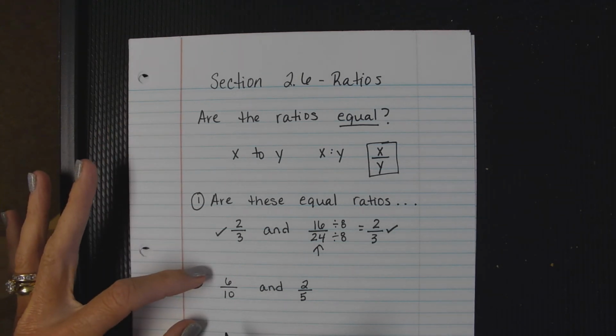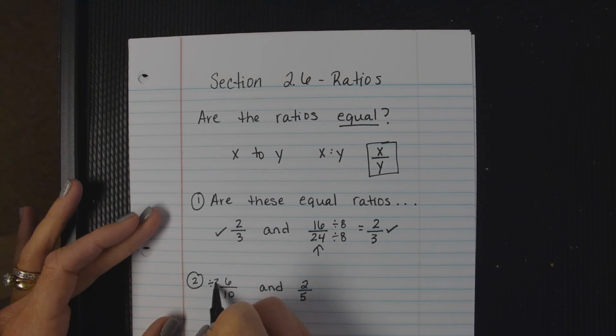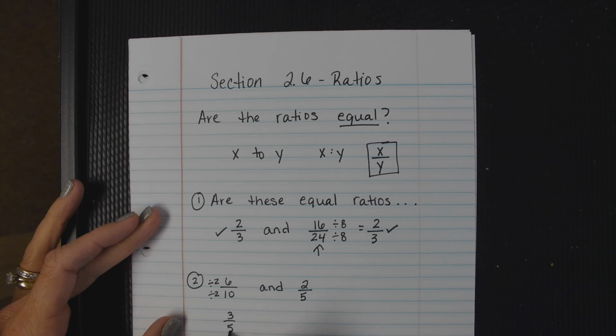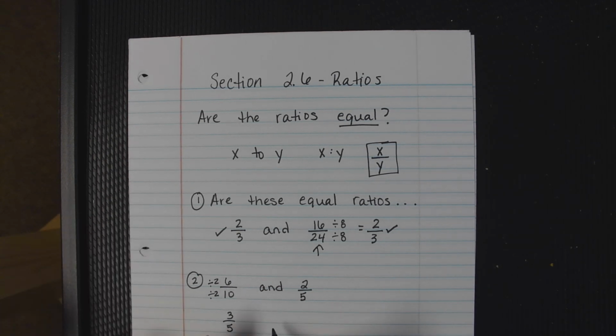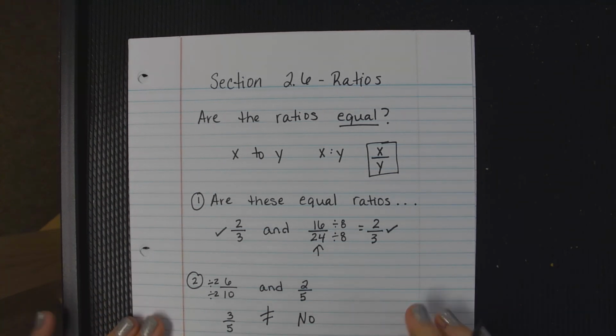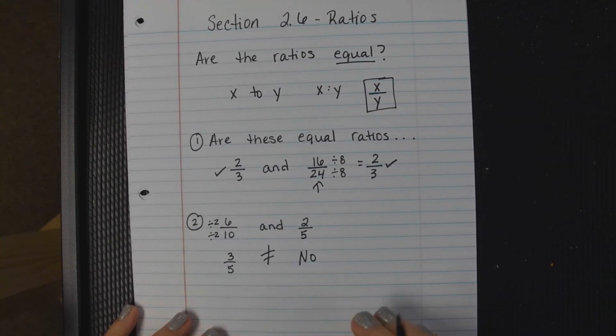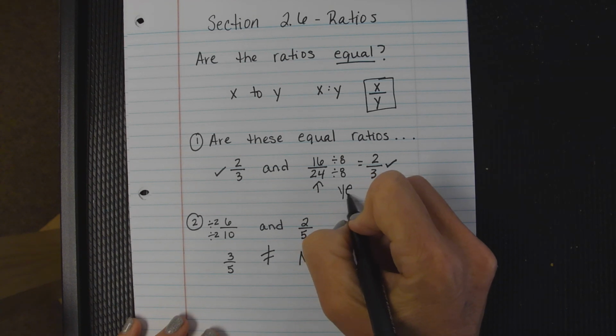One easy way is divide by 2 and just start reducing it. Here I get 3 over 5. Now I cannot reduce this one anymore, and they are not equal. All right, 2/5 and 3/5 are not equal. So this one would be no. Going back, I apologize. Going back up here, this one would be yes, they are.